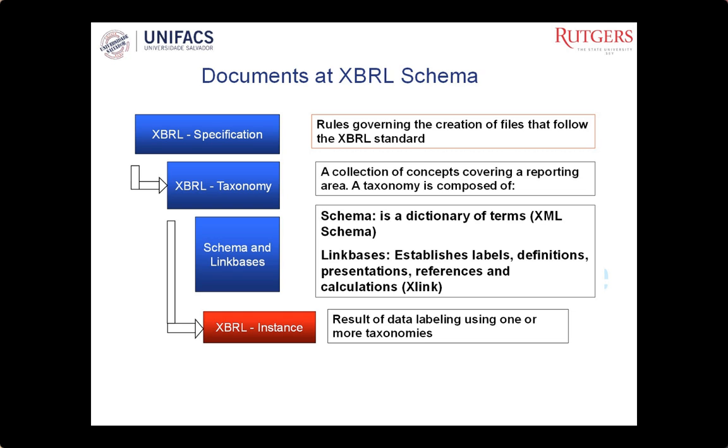So you have 15,000 listed companies in the US, maybe 10,000 are subject to XBRL. Each one of them has an instance created for that particular company. And the taxonomy, although this sounds complicated, is like a chart of accounts on steroids.